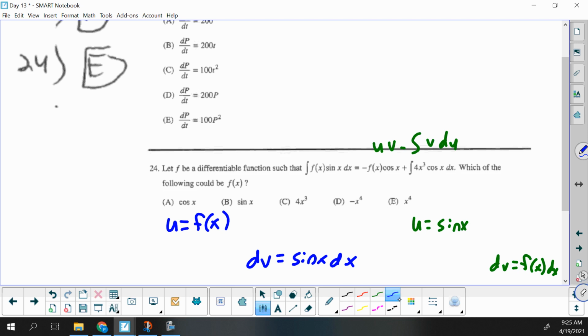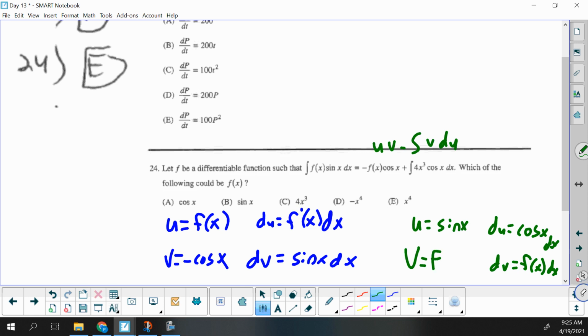So in this first one, du would equal f prime of x dx. Capital V would equal negative cos x. Over here, the du would equal cos x dx, and our v would equal whatever the antiderivative of f is.